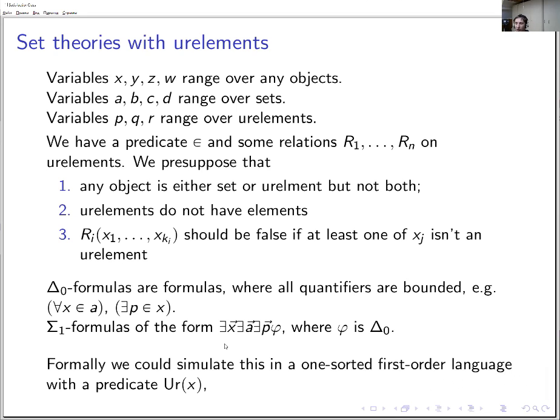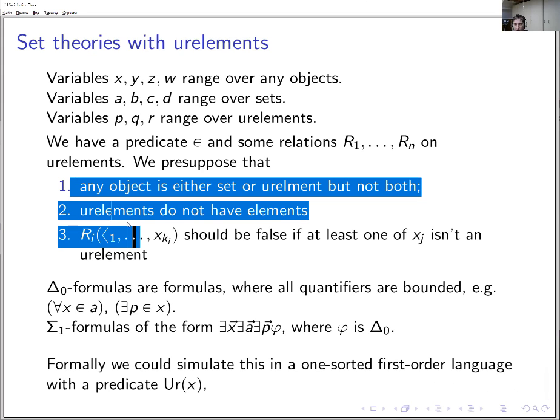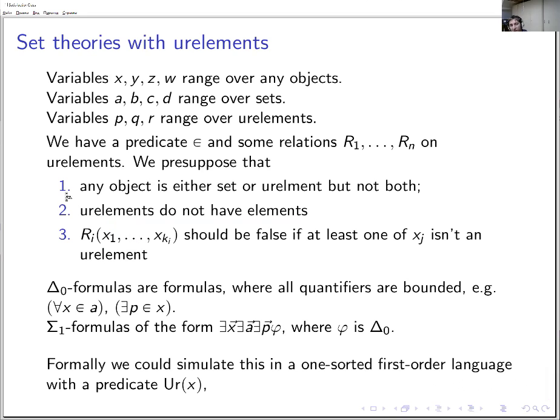You add to your first-order logic an additional unary predicate U, with intended meaning that U of x holds if x is an urelement. Then conditions 1, 2, 3 can be stated as additional axioms. The first is automatic, because a unary predicate always splits your domain into two disjoint parts.